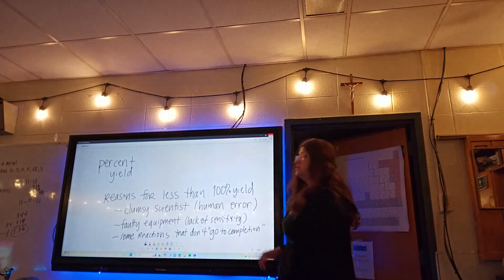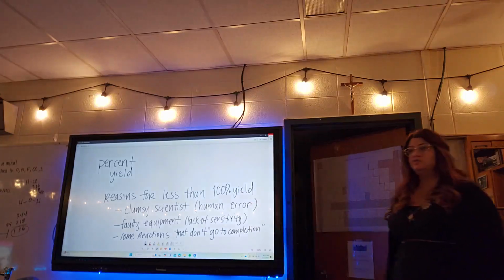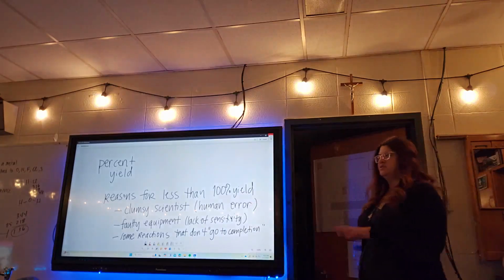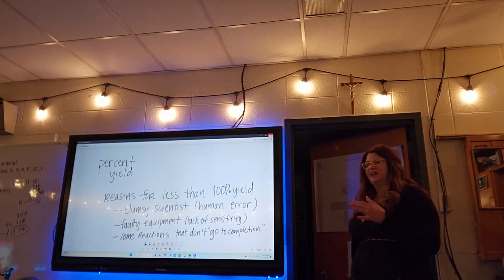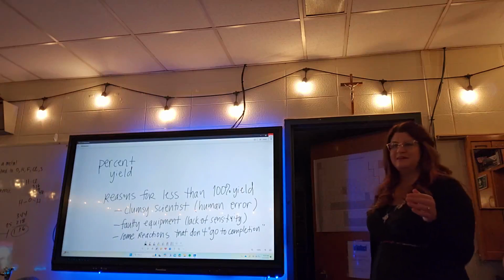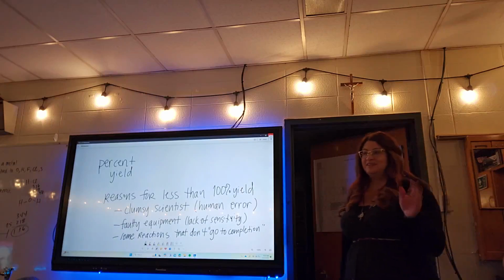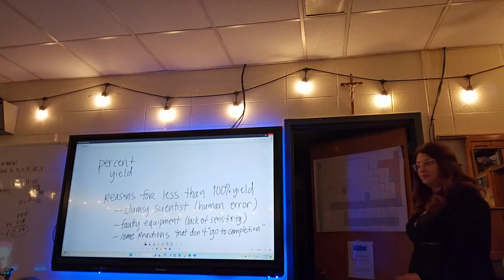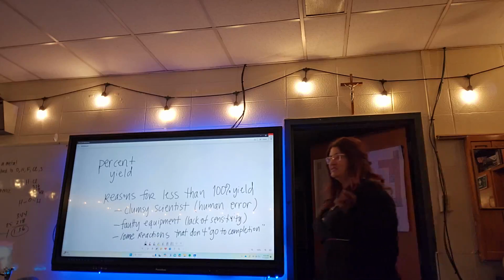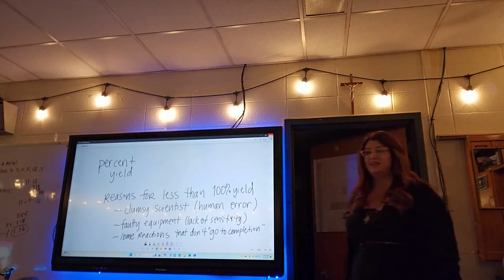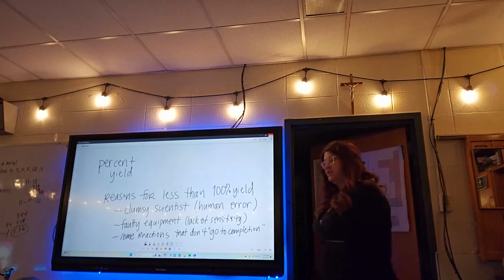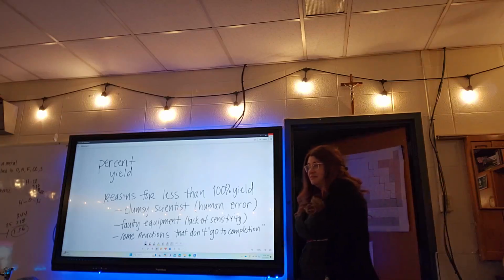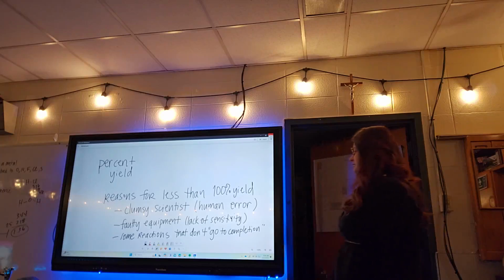So, in other words, in the same way that some reactions don't react all the way, like not all of the ingredients are used up, it would be like me giving you a homework assignment and you not answering all the questions. You didn't go to completion because you just didn't do all of the things that were possible for you to do. Some reactions are like that. The reactants are there, conditions are favorable for a reaction to take place, but it just doesn't. And so that sometimes also happens.